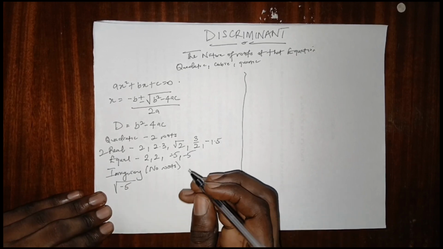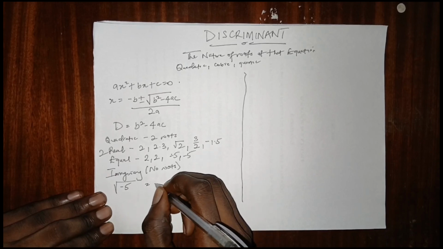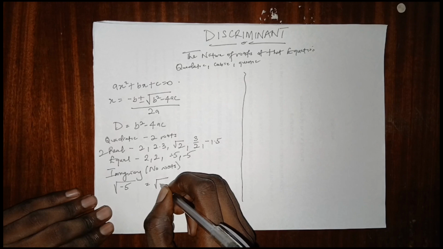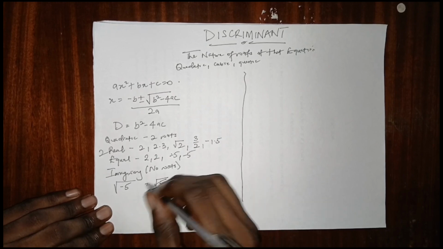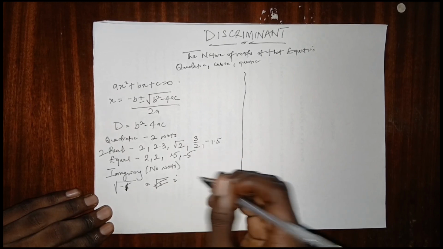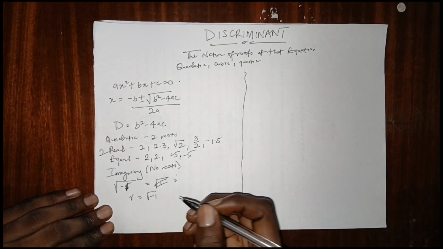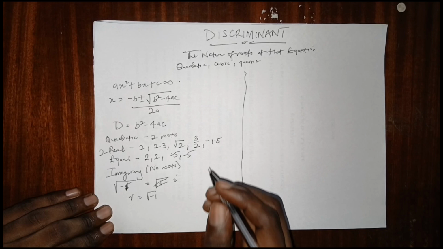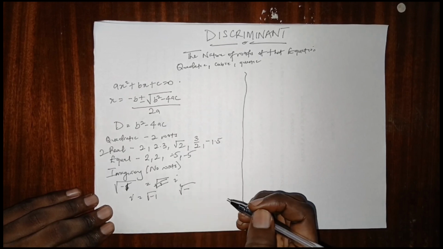In maths, this can be described using i, where i is the square root of minus 1, because naturally you can't take the square root of a minus number. So whenever you have a minus under a square root, you have an imaginary root.